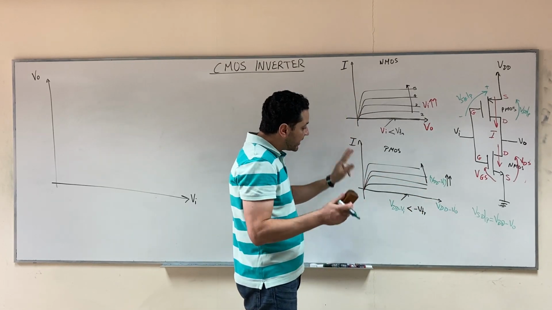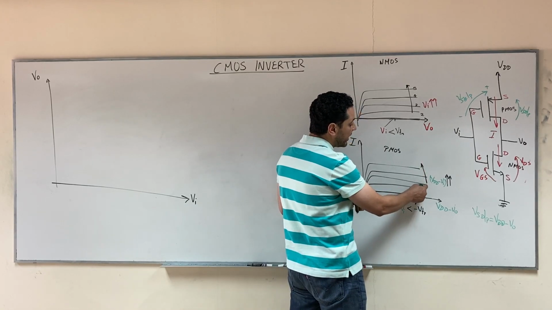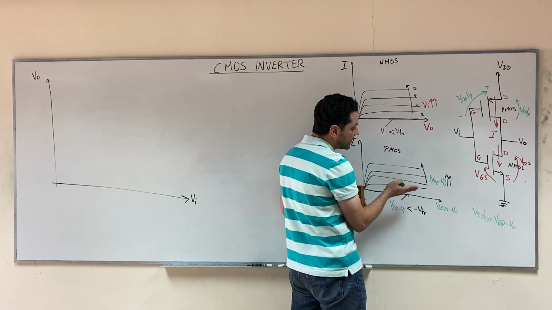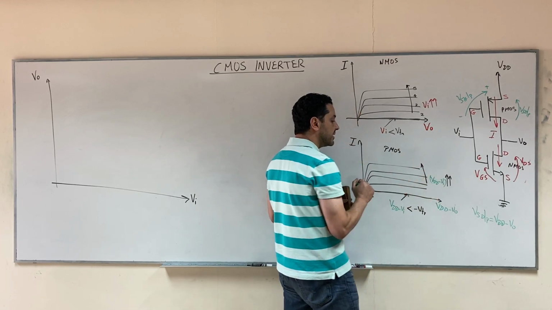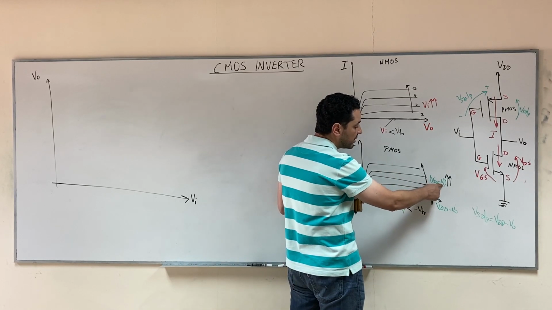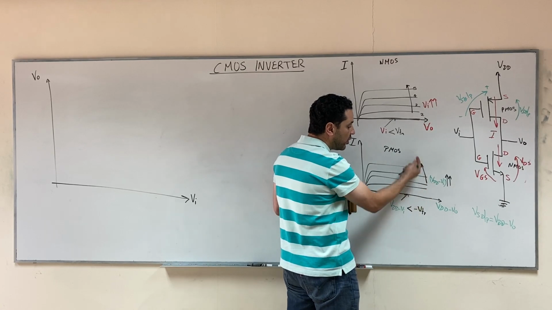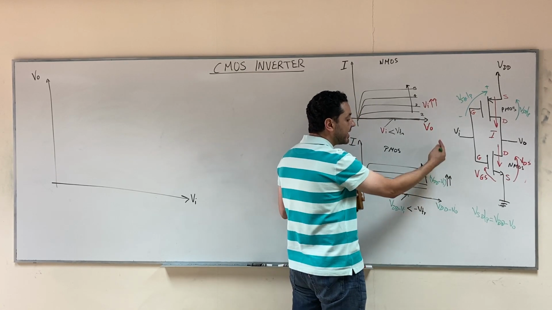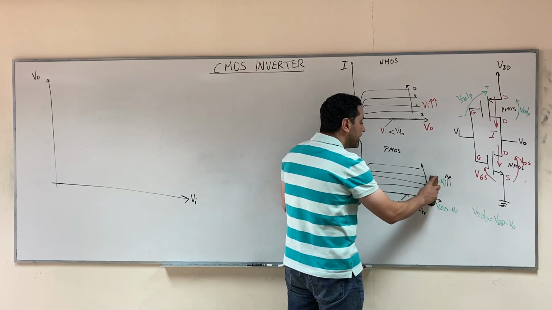By the way, let's start with the easy thing. When we say that the curves here increase, or we go up in the curves, as VDD minus V input increases, this means what? This means that as V input decreases, we go up, right? If we go up as VDD minus V input increases, this means that we go up as V input decreases. So we can write the following.